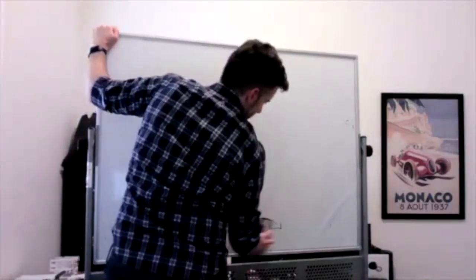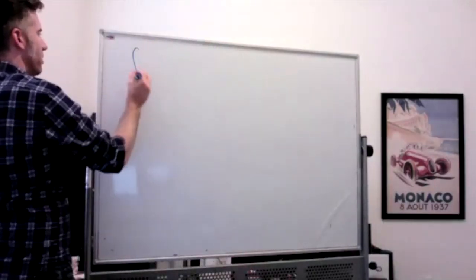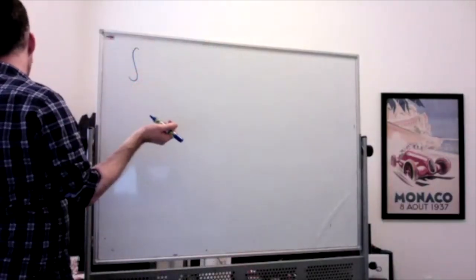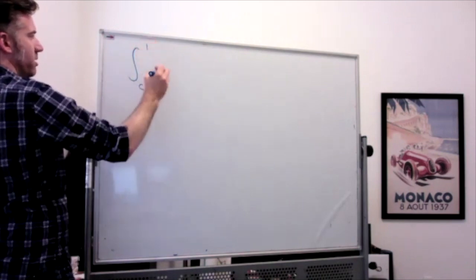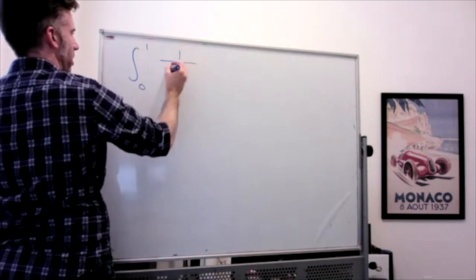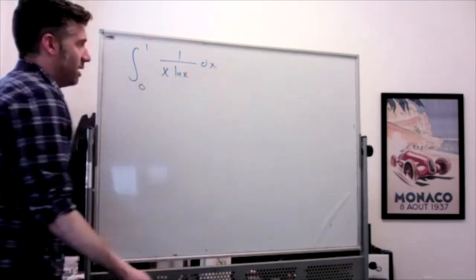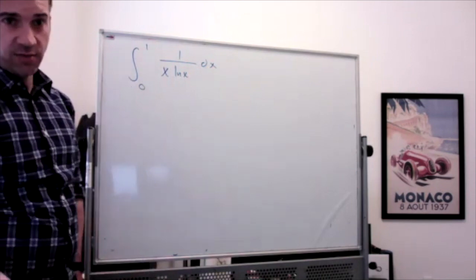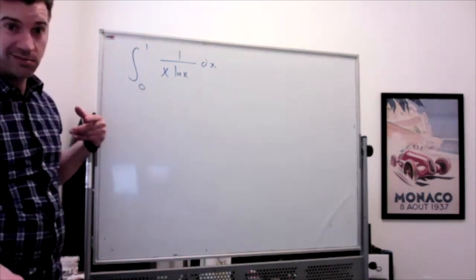Let's look at something slightly less terrible than what I proposed before. Let's look at the integral from 0 to 1 of 1 over x natural log of x dx. And again, I will emphasize here, this function is undefined at both endpoints.